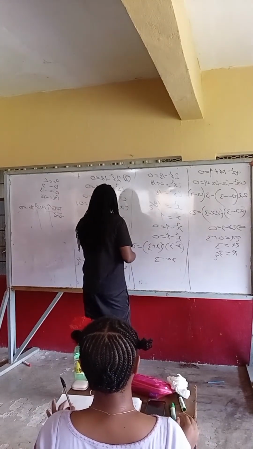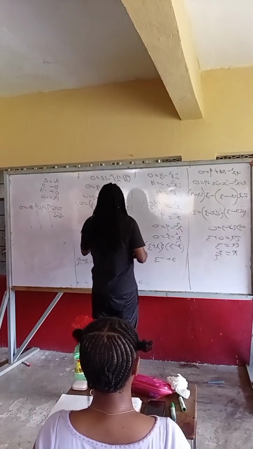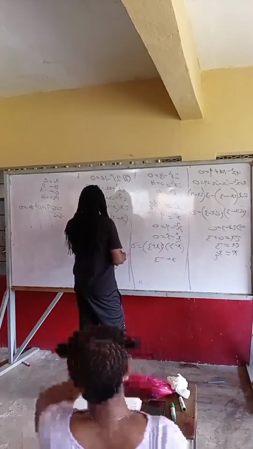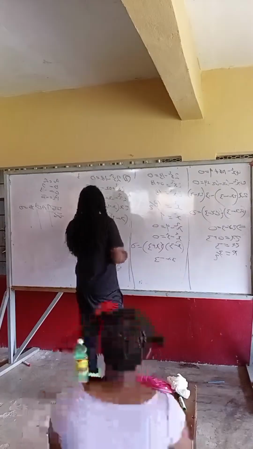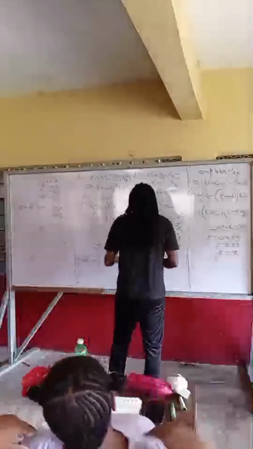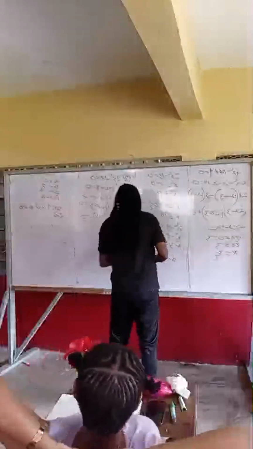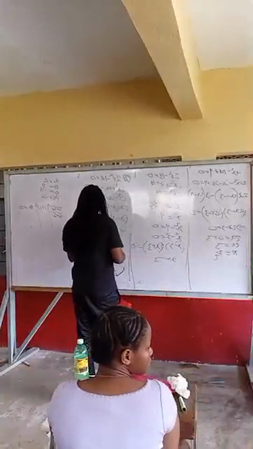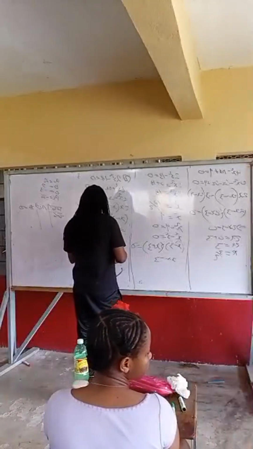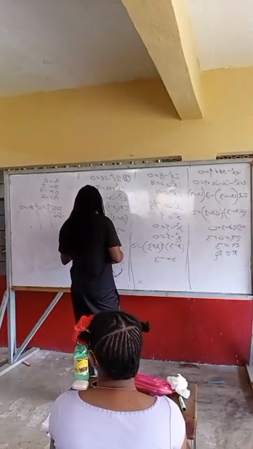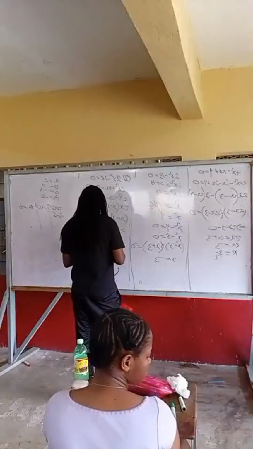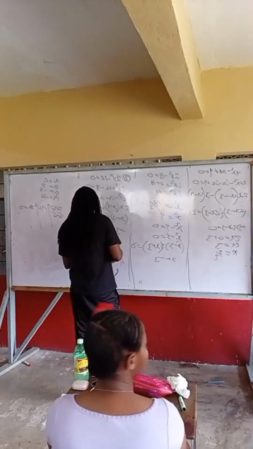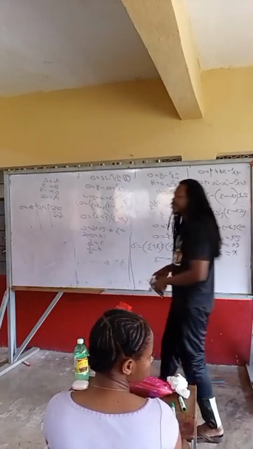So x minus 3 bracket 2x plus 6 equals 0. That x equals 3, or 2x plus 6 equals 0. 2x equals minus 6. x equals minus 6 over 2. x equals minus 3. So x equals 3 or minus 3.